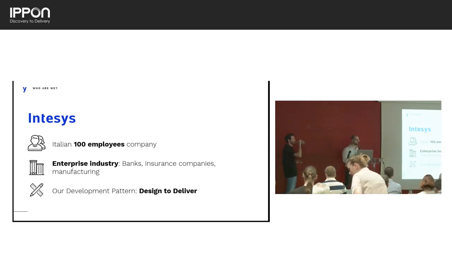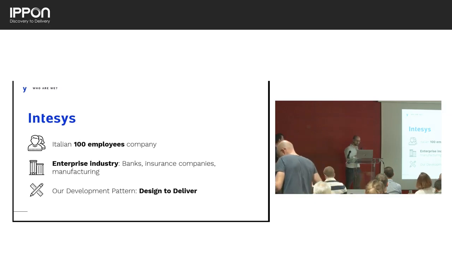We have a development pattern that is designed to deliver, as we name it. That means we put a strong emphasis, a strong stress, on the design phase of our projects. We have a user experience development team and a design team.